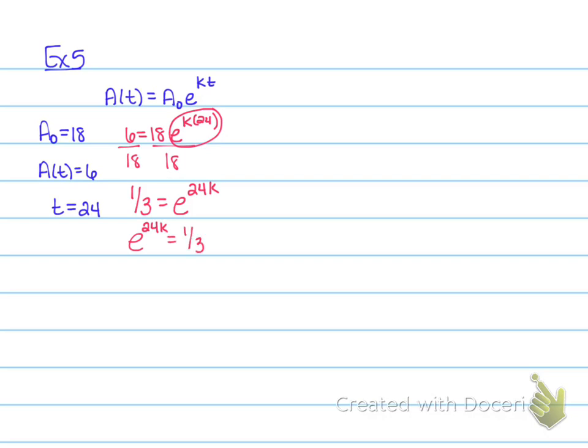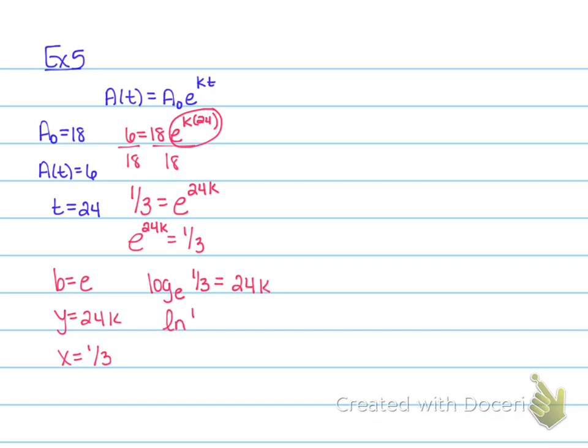And so this is in our b to the y equals x form. We know our base is e, our y is 24k, and our x is 1/3. Because we're in exponential form, we're going to change it to log form. So we get log base e of our x equals y, which is our 24k.